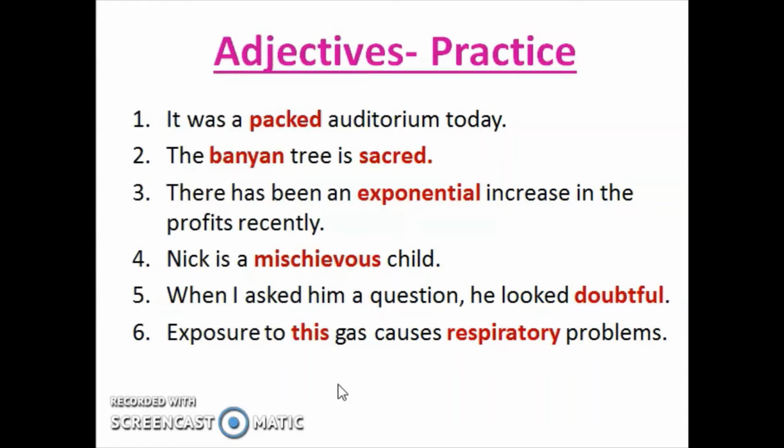And hence the word doubtful is an adjective. Sentence 6. Exposure to this gas causes respiratory problems. So I've bolded the words respiratory and this because they are followed by two nouns, gas and problems respectively. And hence these two words are adjectives.